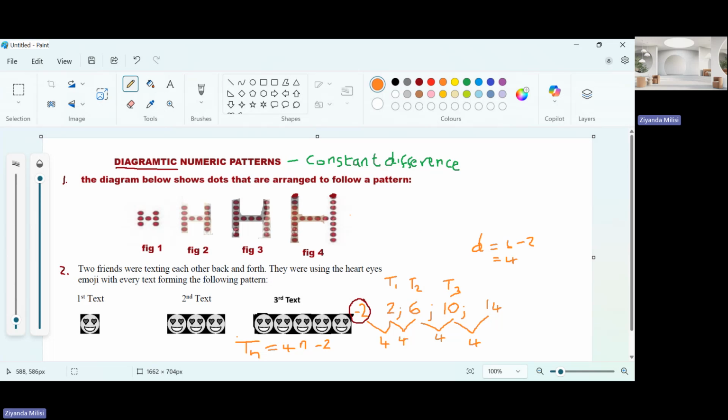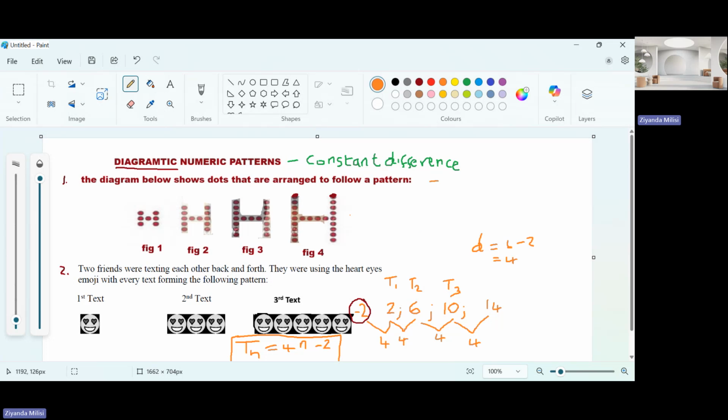Now you can use this general rule to find the value of any text that you might be asked. For example, if the question says calculate the number of heart eyes on the 50th text, text number 50, you will take this general rule.